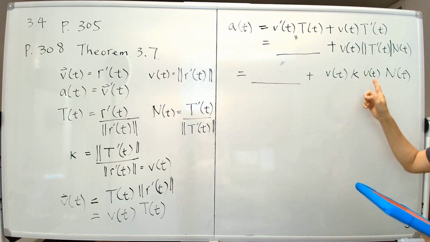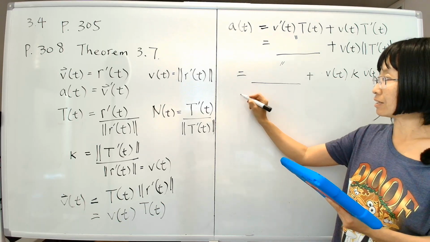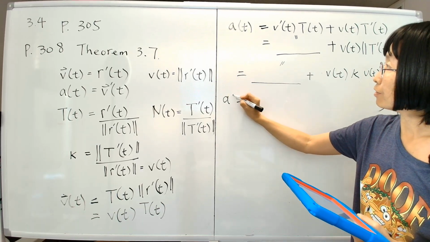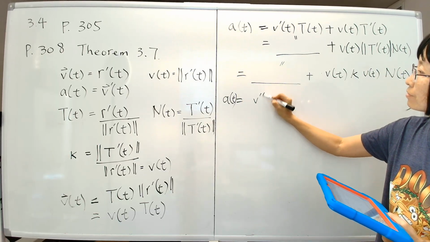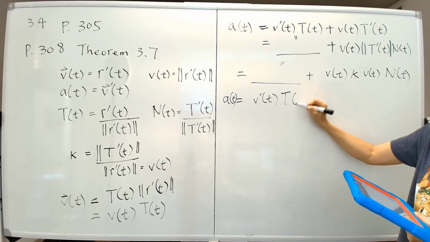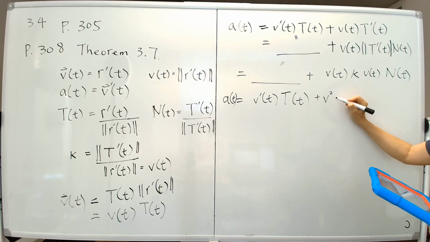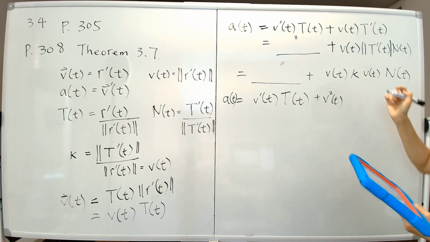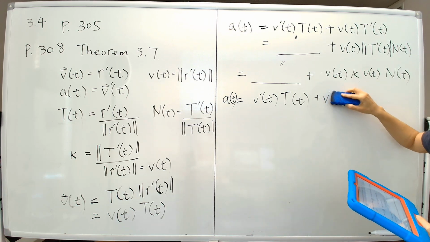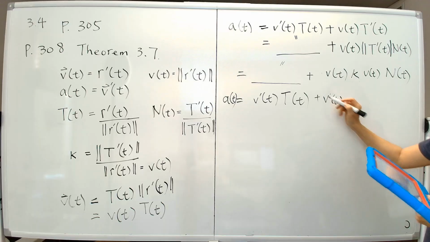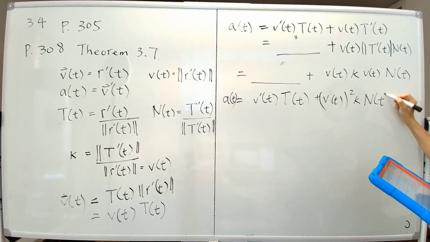So then it becomes kappa v squared, and that gives us the formula for the acceleration, which is v prime of t times T of t, the tangent vector, plus v of t squared times kappa times the normal N of t.